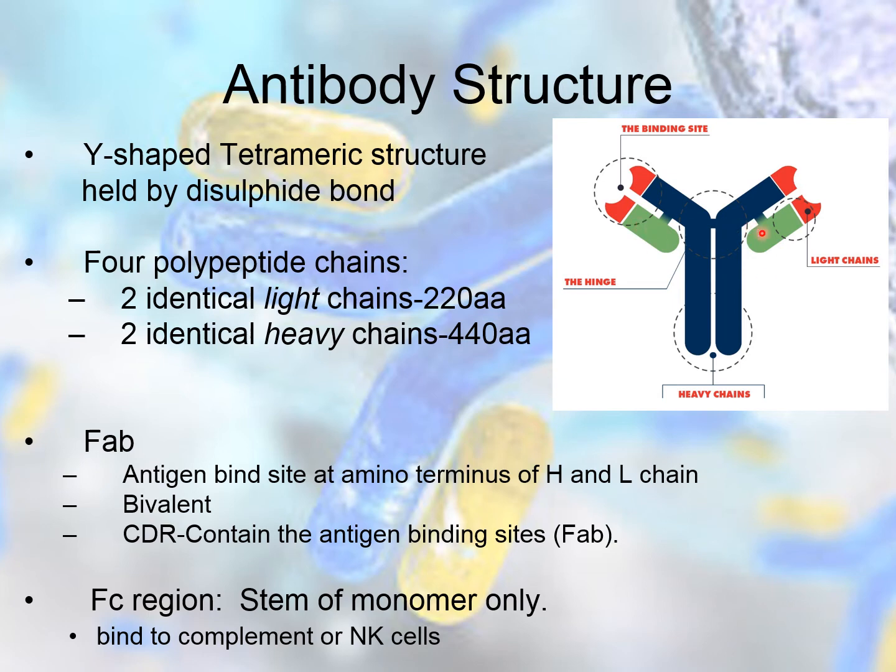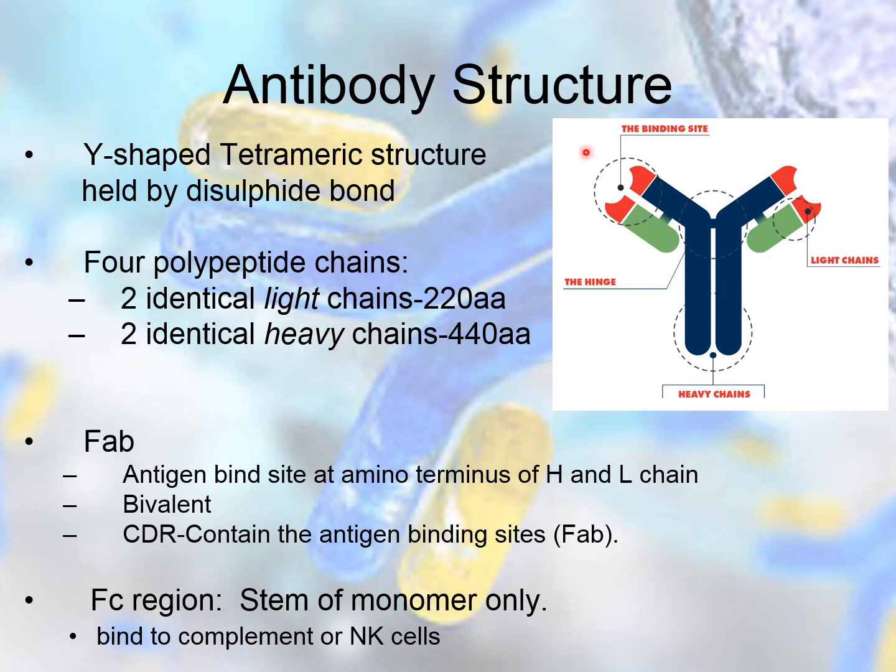The green ones shown here are called the light chains, which are composed of 220 amino acids, and these two are identical to each other. And the larger chains or the heavy chains are the ones which are composed of approximately 440 amino acids, also identical to each other.